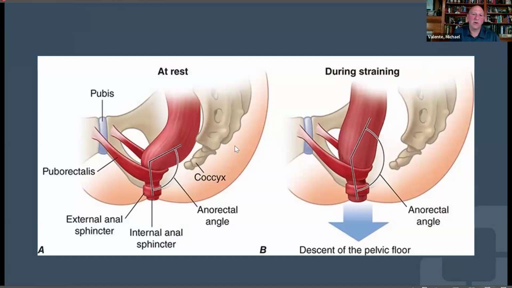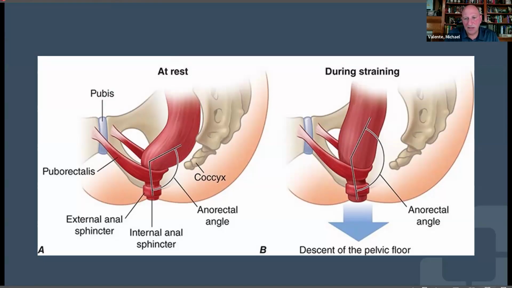And we see here now during straining, the rectum goes from this view to here, where we have descent of the pelvic floor, relaxation of the puborectalis, relaxation of the internal sphincter muscle, contraction of the external sphincter muscle to allow defecation and the angle to open up.